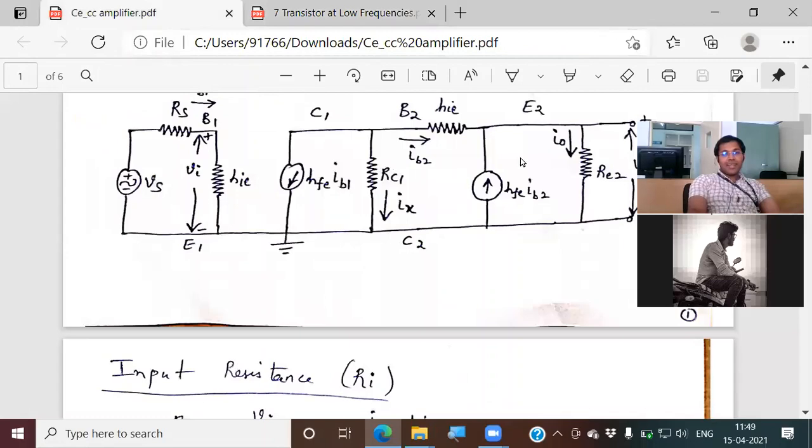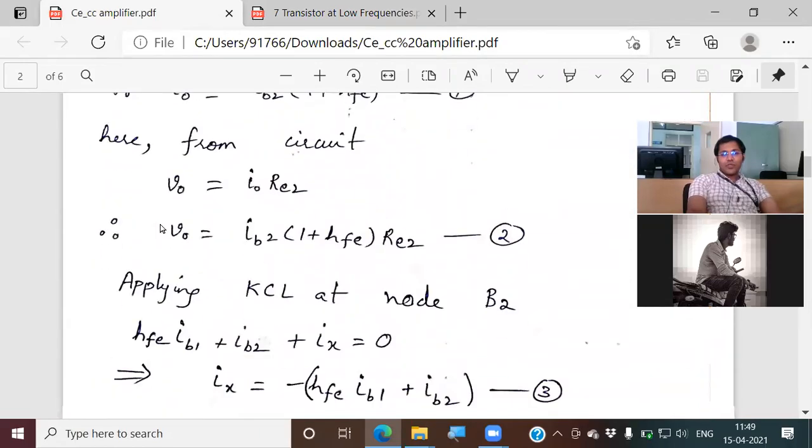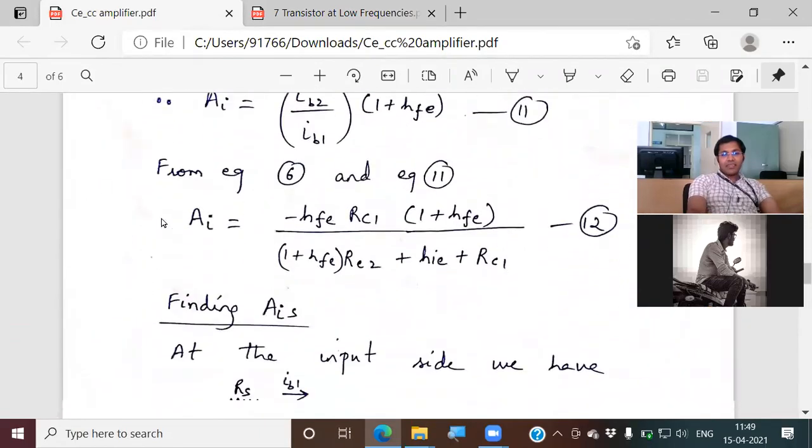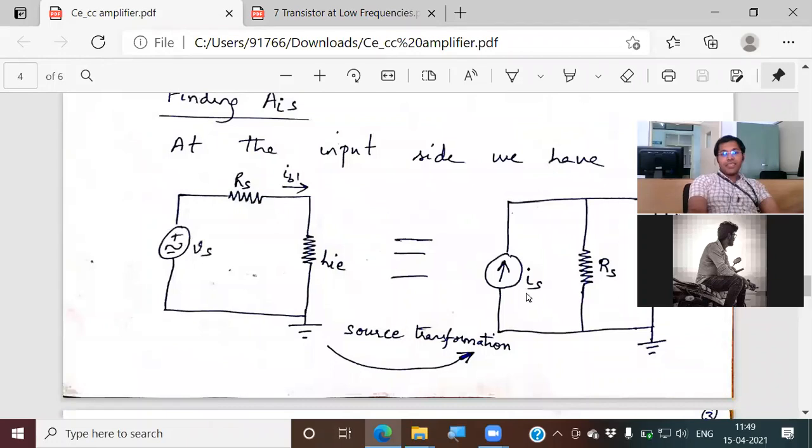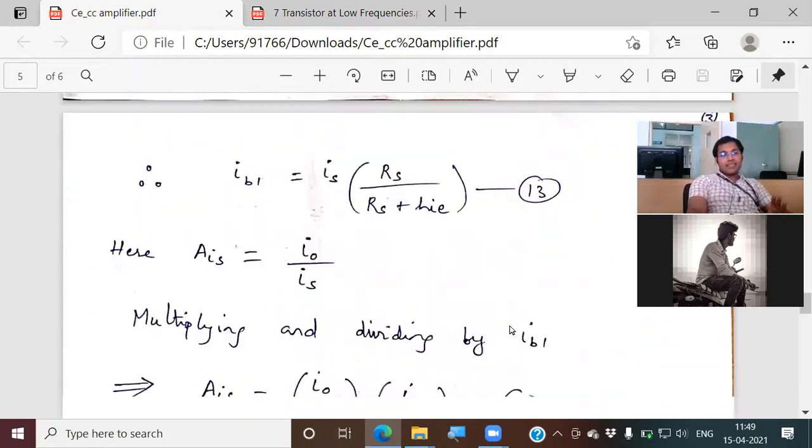So what is the output current? I naught. Source current, I can't see here, only Vs I can see. So the source current I will take from the equivalent circuit, where I can see the source current. So AIS will be I naught by Is.